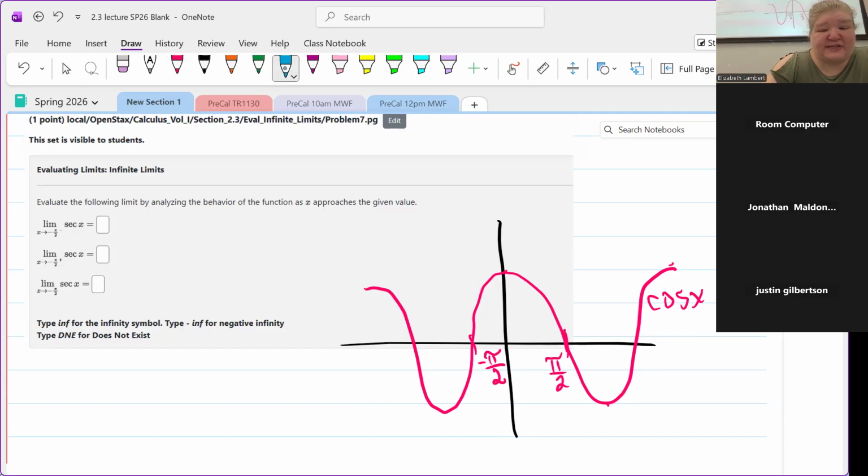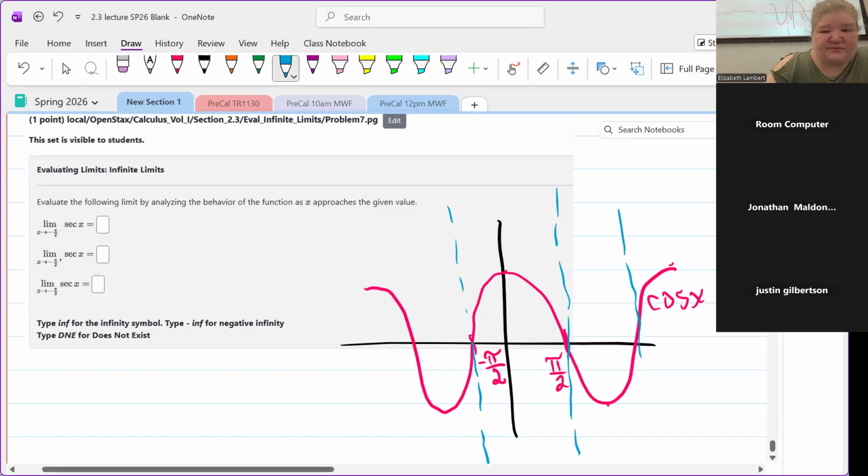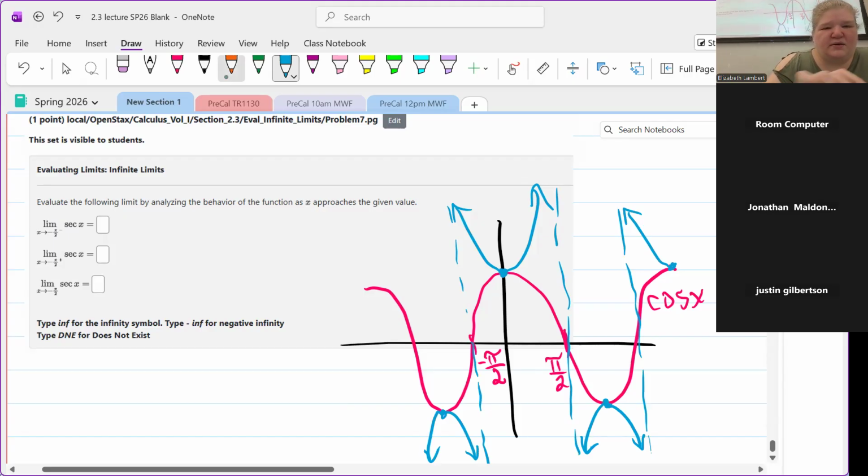So for the graph of secant of x, everywhere cosine is 0, we have an asymptote. Everywhere cosine is 1, secant is also 1, and then it hugs the asymptotes. So our first one is approaching -pi over 2 from the left.